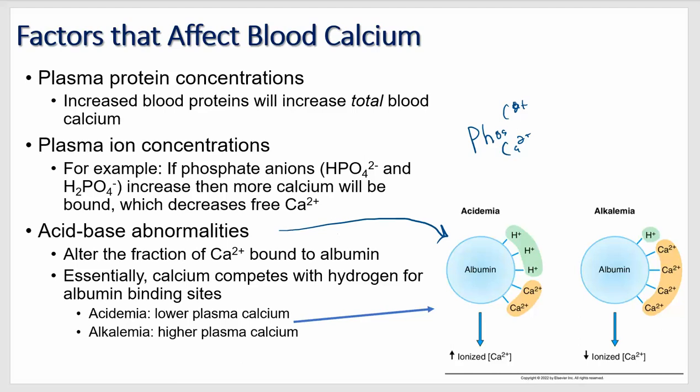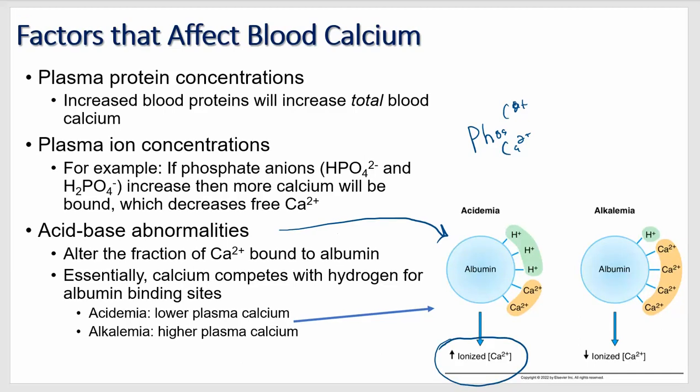When you have acidemia, the hydrogens are going to kick off some of the calcium and say, we're going to bind to the albumin now because we have acidic blood. That's just going to increase your calcium out here in the blood. So the calcium is going to be sad, but it's also going to be out in the blood. Maybe it's happy, I don't know.